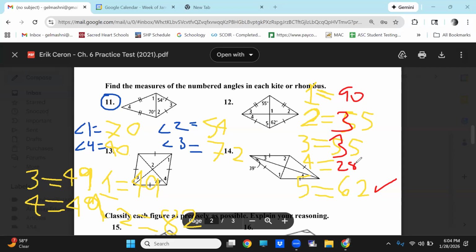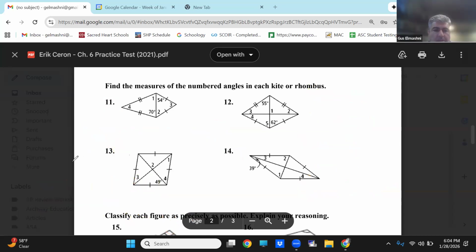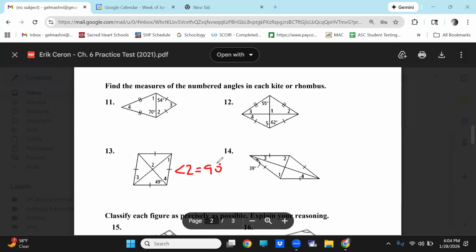What about number 13? The rhombus. So first of all, angle 2 is 90. No, I did not get that right. Yes, that's 90.